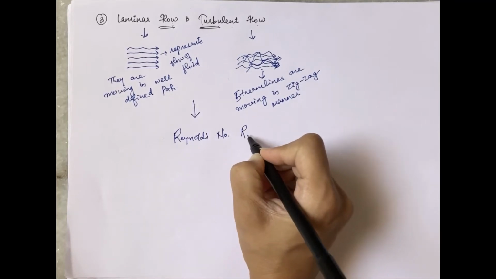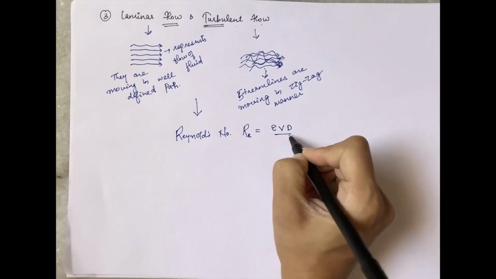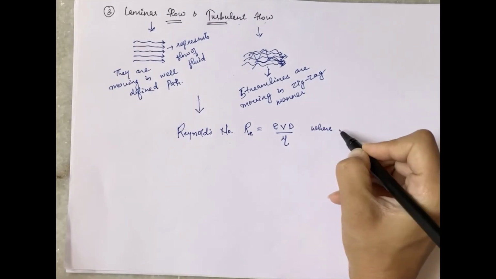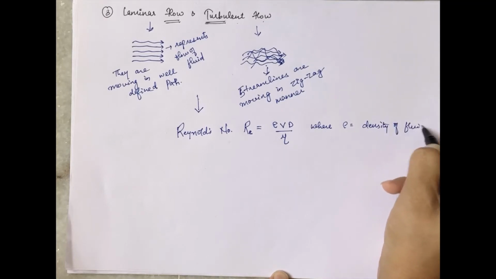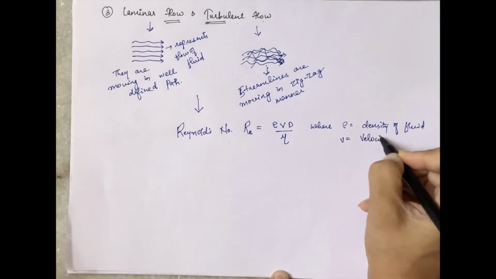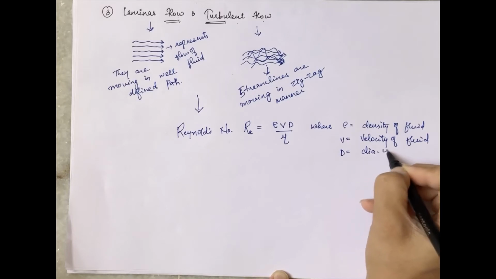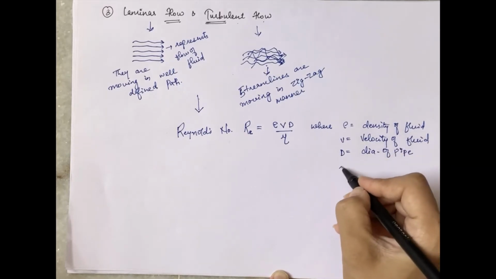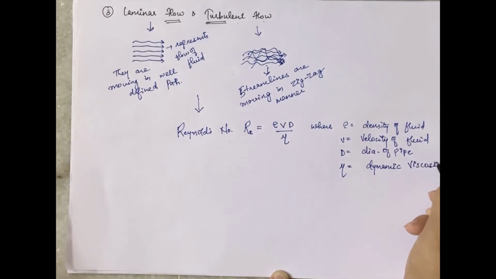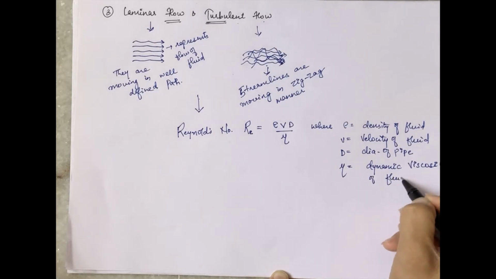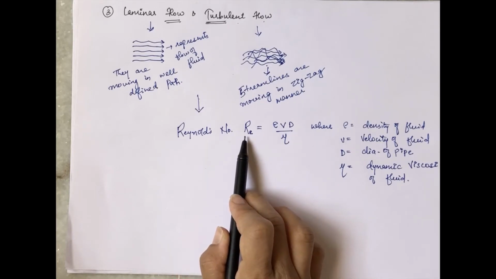It is represented by the symbol Re, equals rho V d by mu, where rho is the density of fluid, V is the velocity of fluid, d is the diameter of pipe in which the fluid is flowing, and mu is dynamic viscosity of fluid.